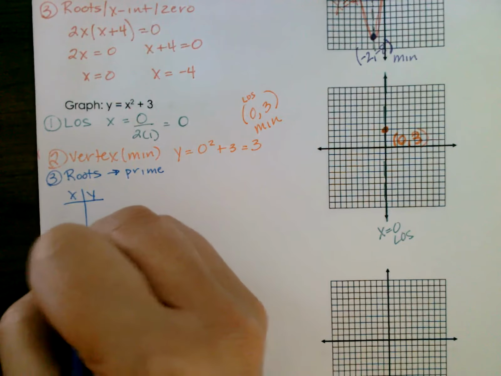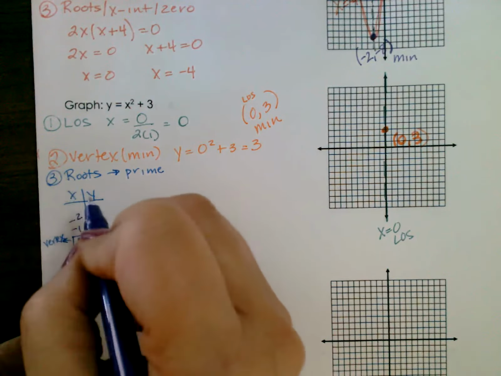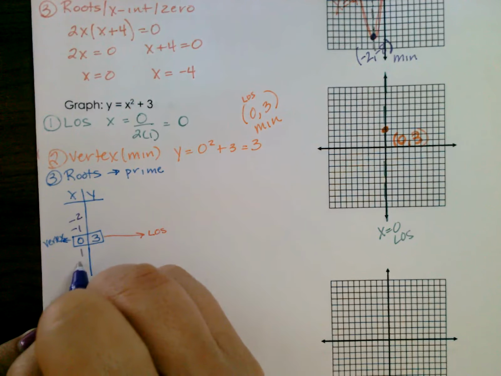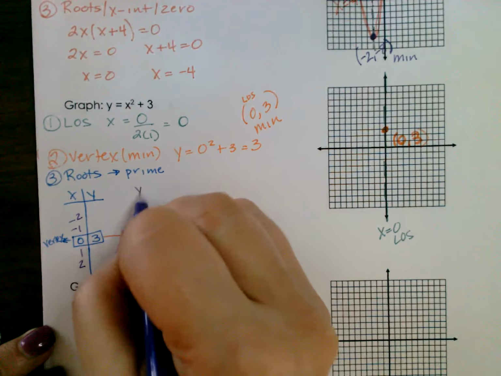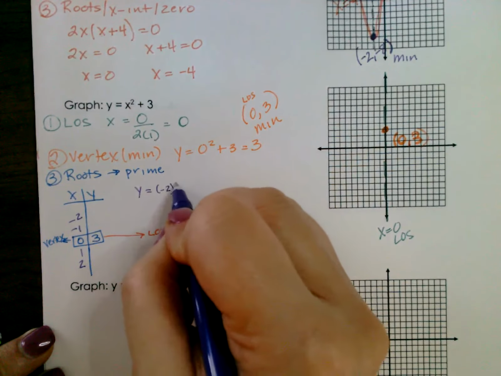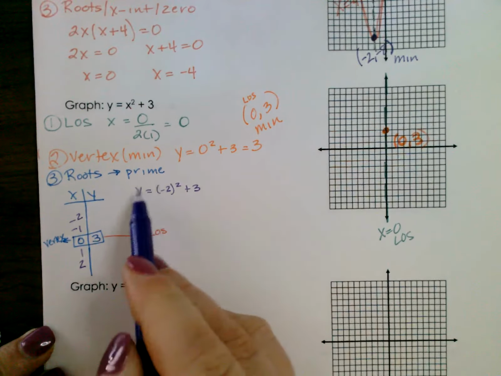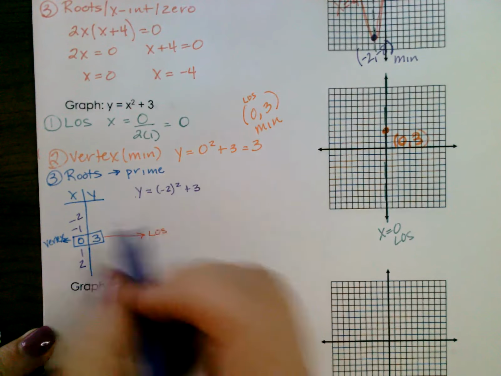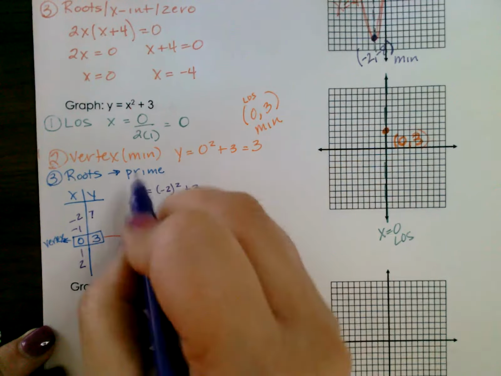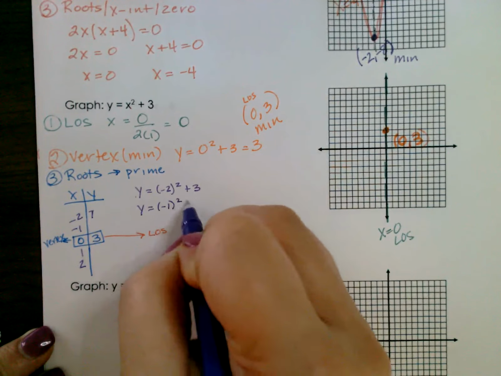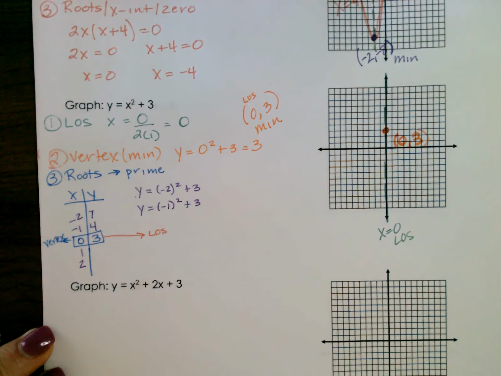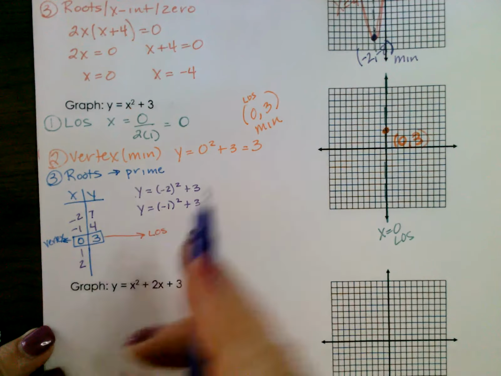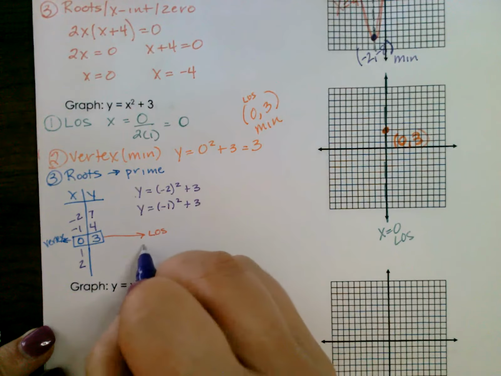So I will go -1, -2, and then I'll just go 1, 2 in that direction, add a few points so I can get a beautiful picture. I will substitute -2 into the equation, solve for y, so that would be 4 plus 3 is 7. I will then put -1 into the equation. 1 plus 3, that's a 4. Now I'm going to put +1 into the equation.